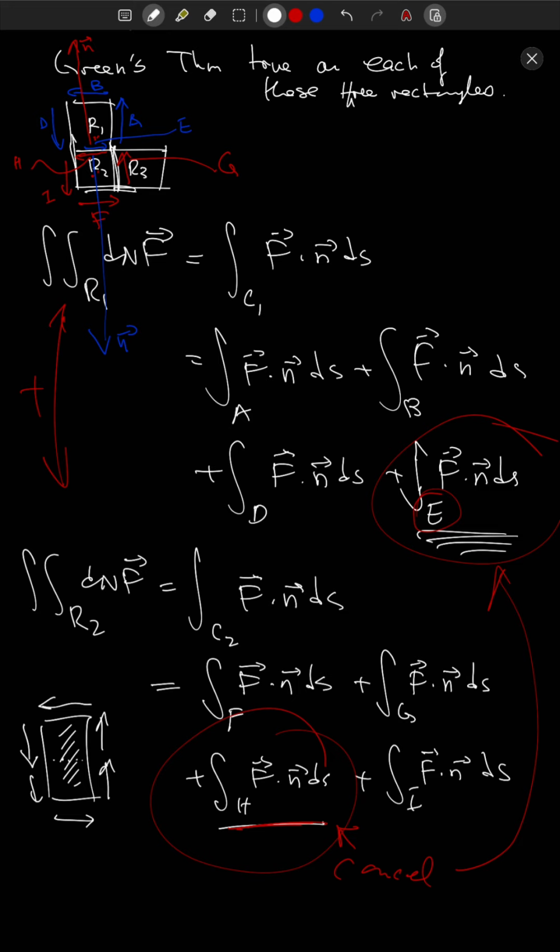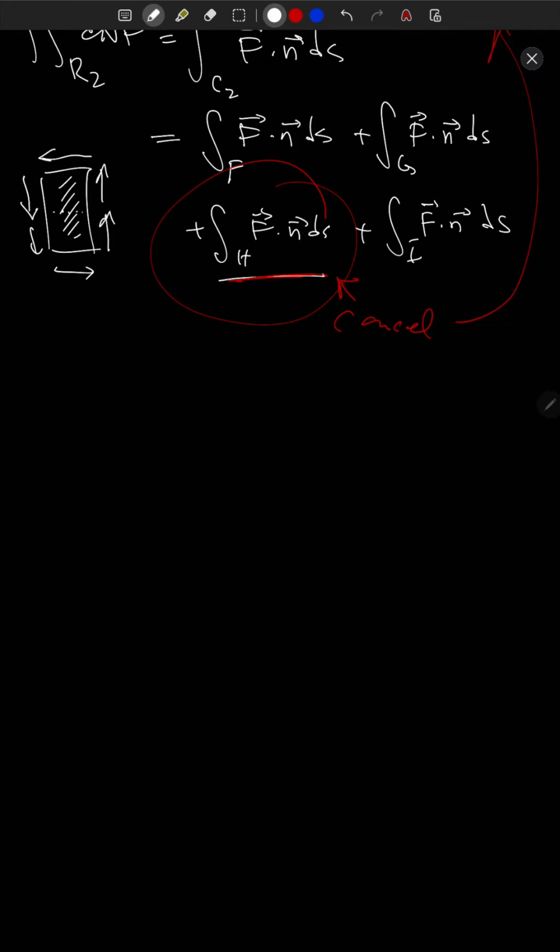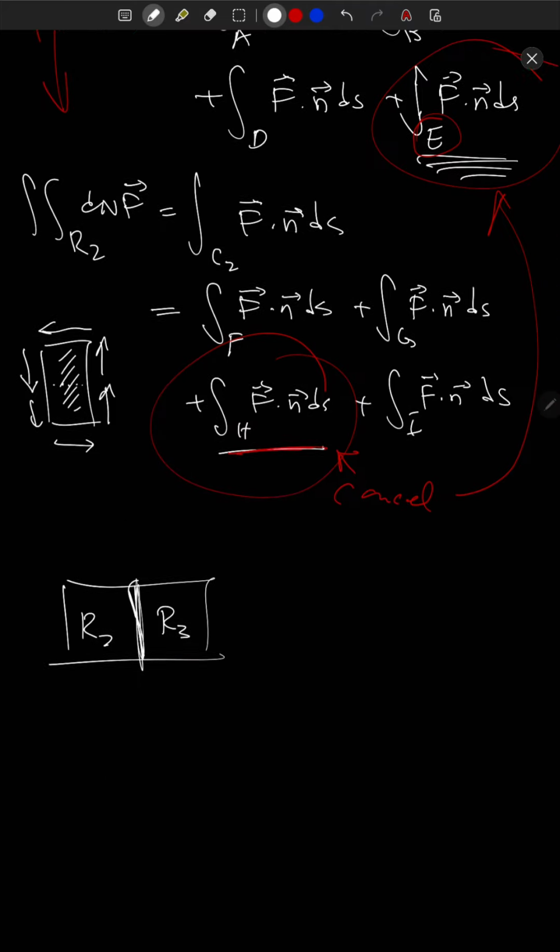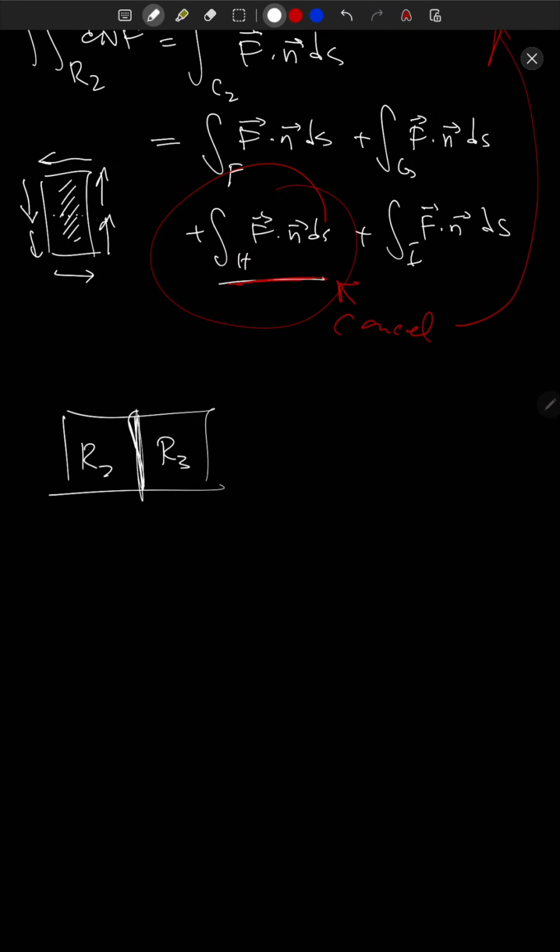Now imagine what happens when we add a rectangle 3. When we do Green's theorem for rectangle 3, let me draw it down here. Rectangle 3 shares one side with rectangle 2, and let me see what I called it over there, G. For rectangle 2, that was upwards in the G direction when we integrated.